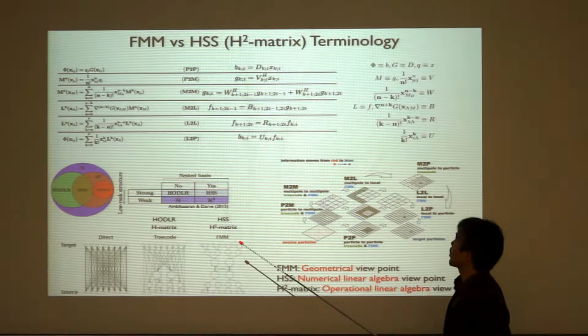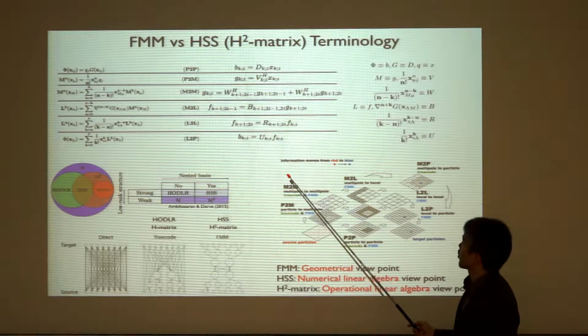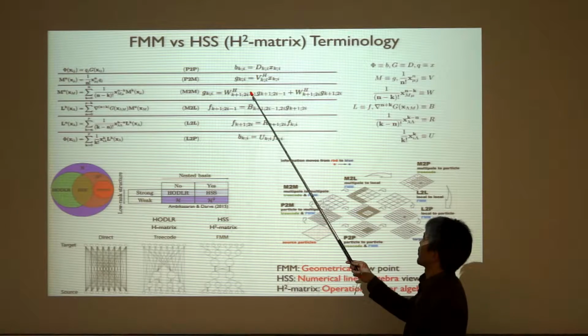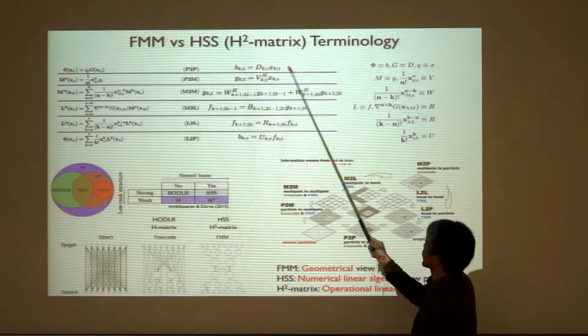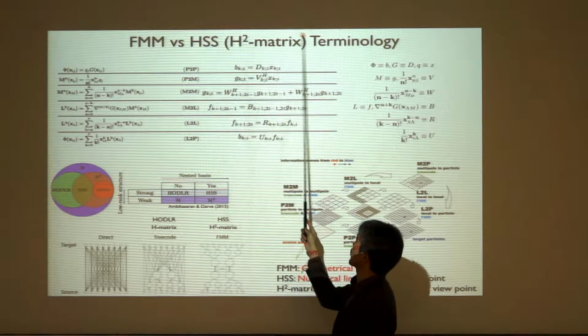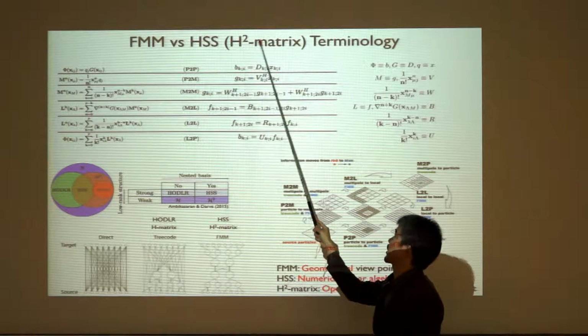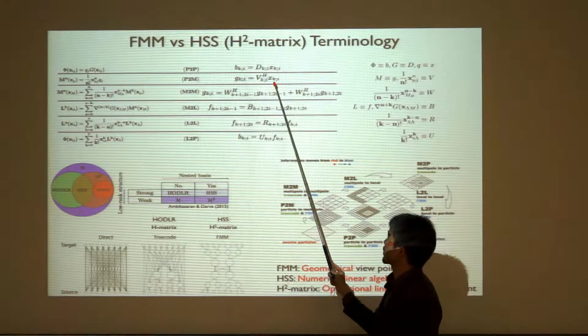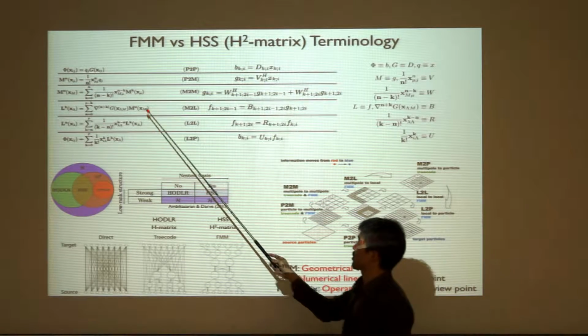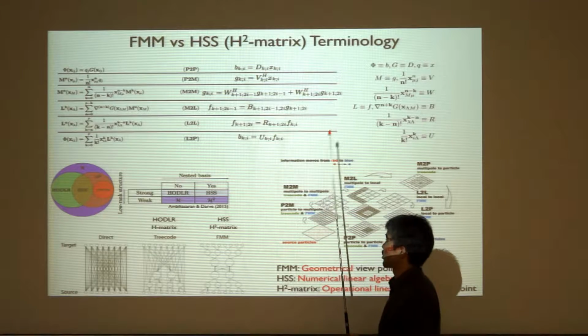Okay, now, maybe I already mentioned this. I'm just trying to map the terminology between the two, because if you read a paper that says HSS or H-square matrix, it's going to tell you the same thing in a very different way, and you might get confused.